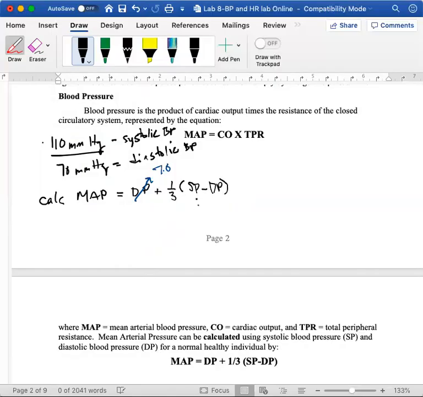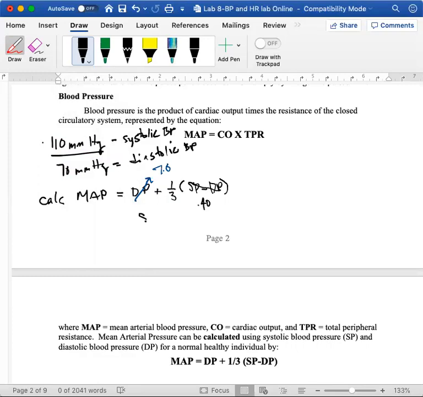Okay, and this ends up being systolic is 110, diastolic is 70, so that ends up being 40, right? So this is 1/3 of 40, so 40 divided by 3 plus 70 ends up being like 83 for your MAP.